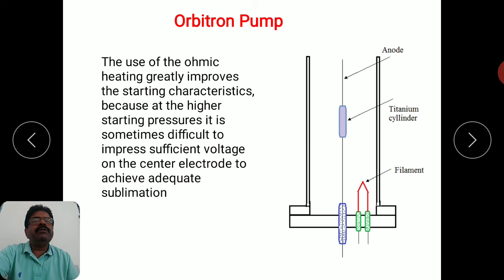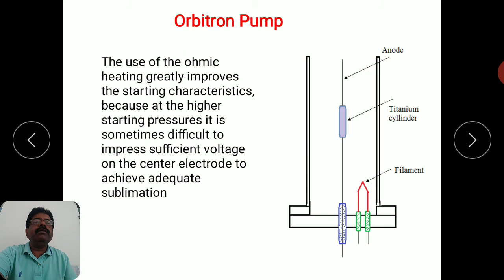The high pressures. Starting pressures are usually high when you start actual pumping. So sometimes it becomes difficult to impress sufficient voltage on the central electrode to achieve sublimation, because if the voltage is not high, electrons will not be accelerated to high kinetic energy, and they will not strike the titanium cylinder with greater kinetic energy, and sublimation will not be possible.